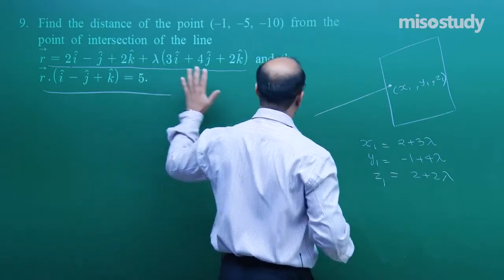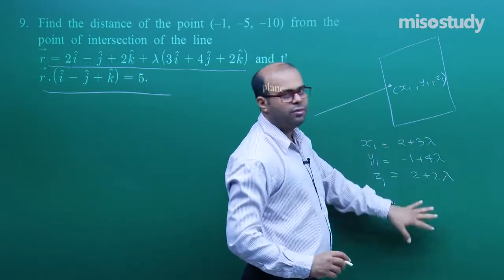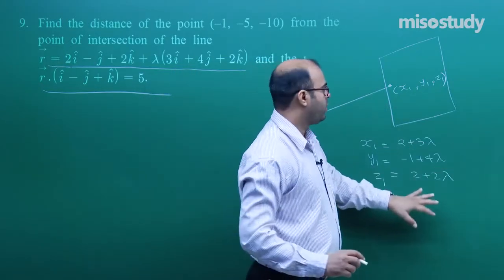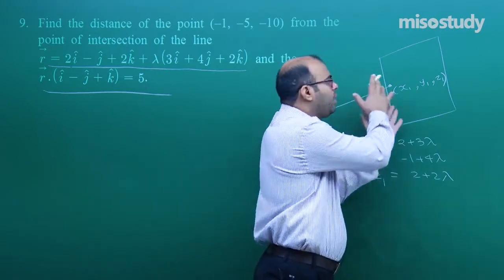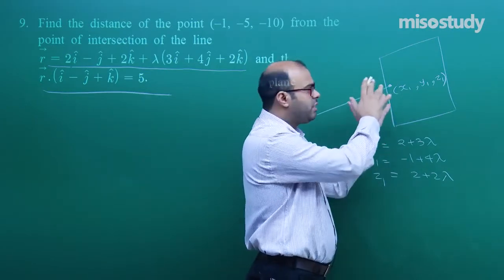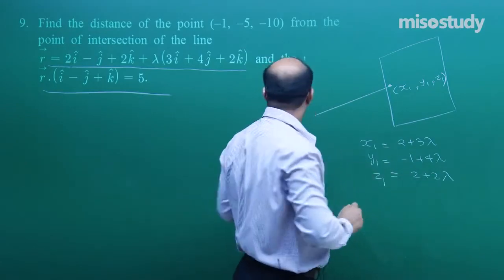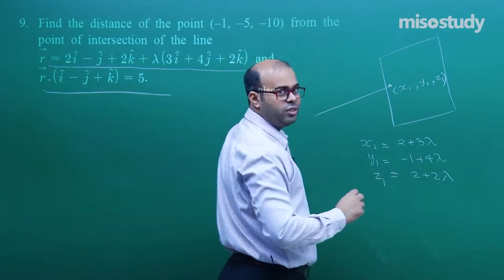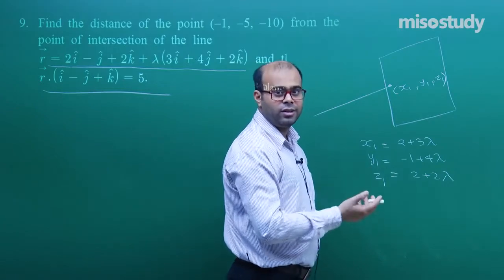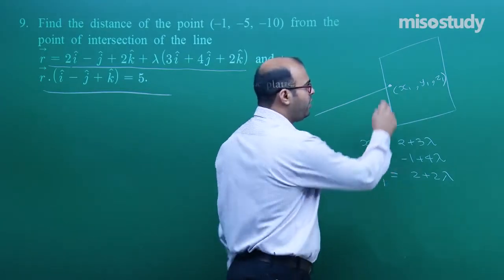So, we assume that any point on this line can be given by these coordinates, but we want specifically the point where this line is intersecting the plane. So, these coordinates must satisfy the equation of this plane because they also lie on the plane, that is the point of intersection of the line with the plane.